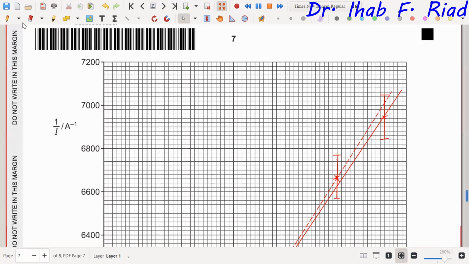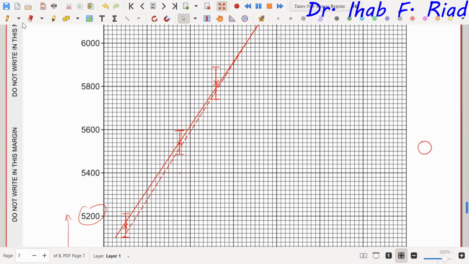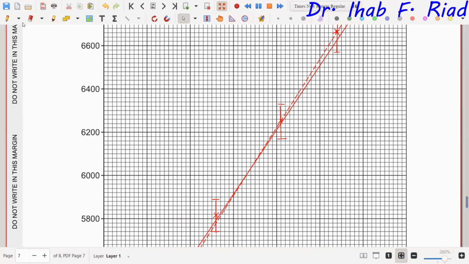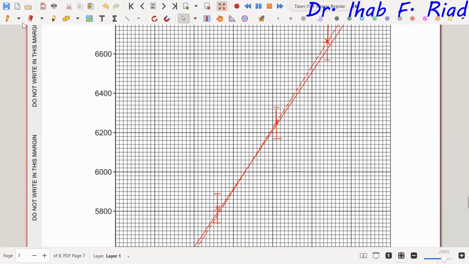Okay, so can you see my worst fit line? Yes, I can. Okay, now we are going for the slope or the gradient.